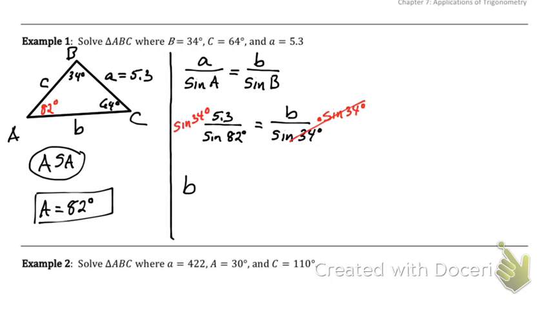And that's going to give me b equals sine of 34 degrees times 5.3 over sine of 82 degrees.